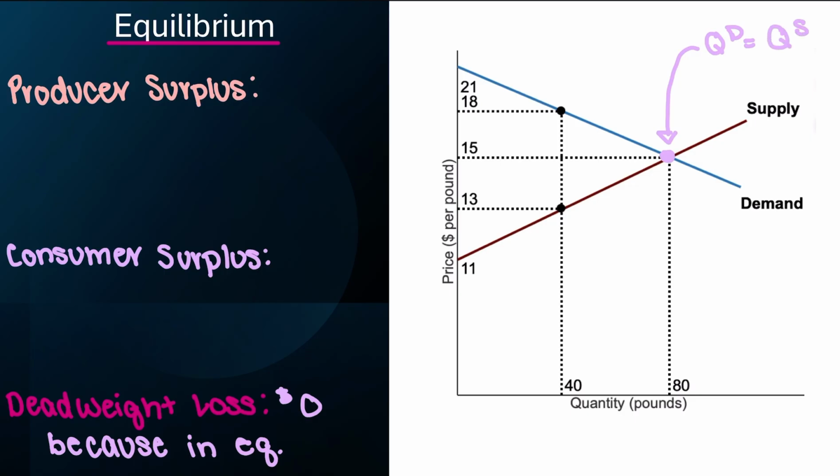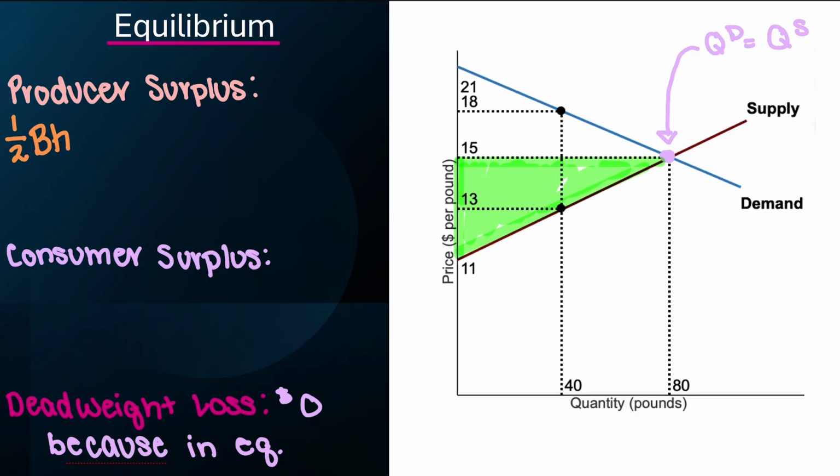then our producer surplus is going to be this triangle. Which can be calculated with 1/2 base times height, since it's a triangle.